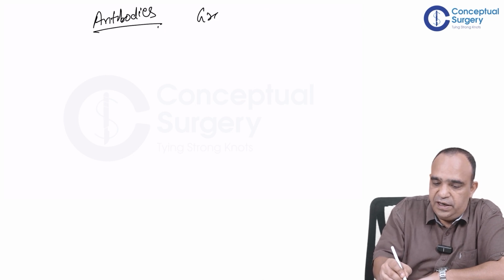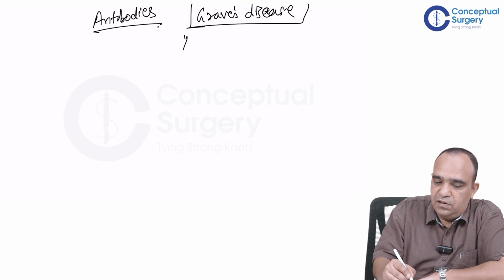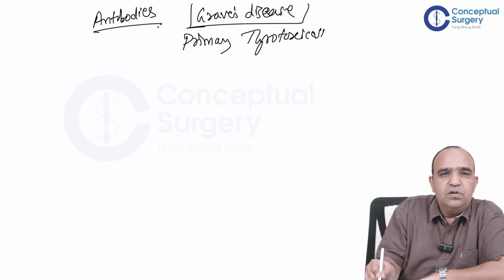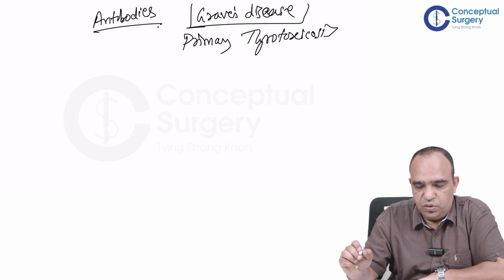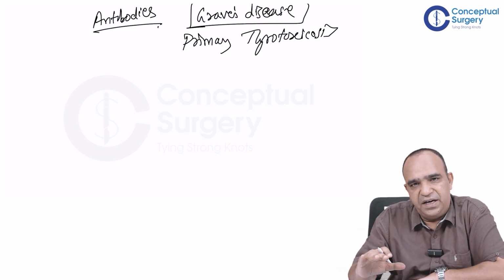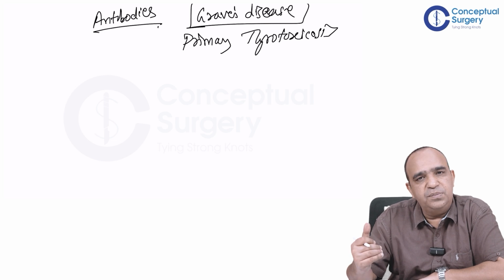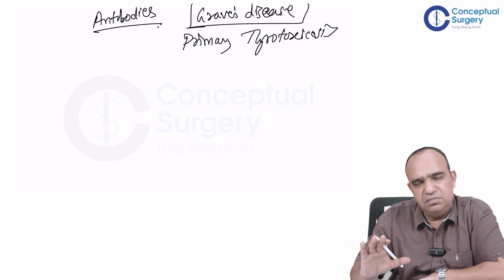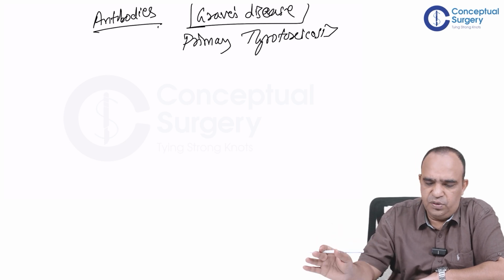In Graves disease, which is nothing but a primary thyrotoxicosis. You know the triad of this: signs and symptoms of hyperthyroidism, the ophthalmopathy, the pretibial myxedema. This is medicine. I'm not going into detail.